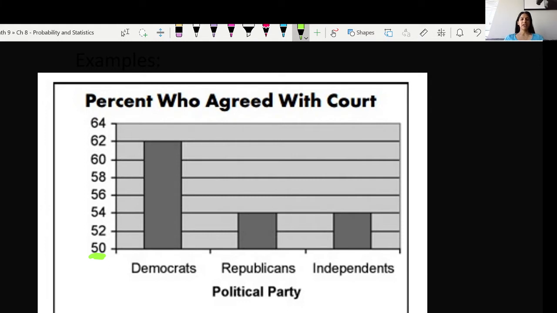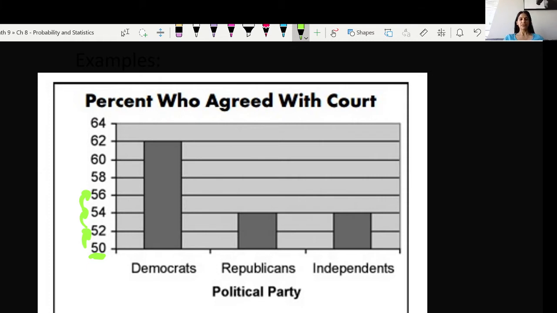Then that's not entirely accurate, because if we're starting at a number of 50, then when you go up to the next value here, it goes up by 2, and that's another 2, that's another 2. So ideally, if you want to give a clear visual representation of what's going on, we would want the graph to start at 0.